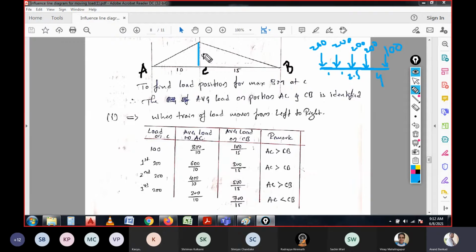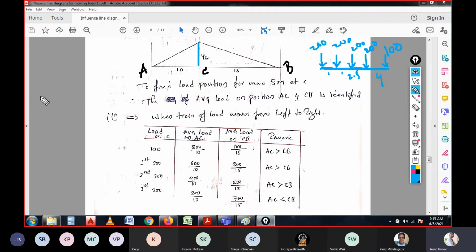But we cannot do it for all loads, because it will be time consuming, and it is not good practice to calculate that. So based on this concept, what we can do is the average load that needs to be considered on the section. For example, if the distance from the load to the hinge point is greater, then you will be getting the maximum bending moment.